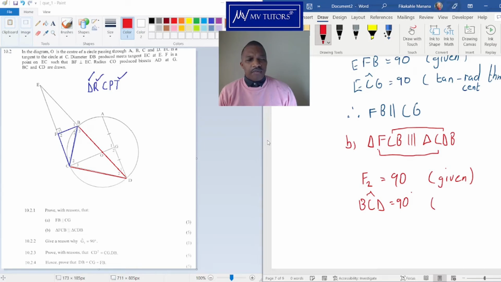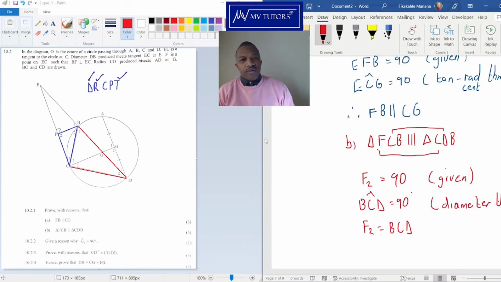Why? Because of the diameter theorem, which states that angles subtended by a diameter are always 90 degrees. Therefore we can conclude that F2 is equal to BCD. Cool. Now we've proven that F is equal to C.